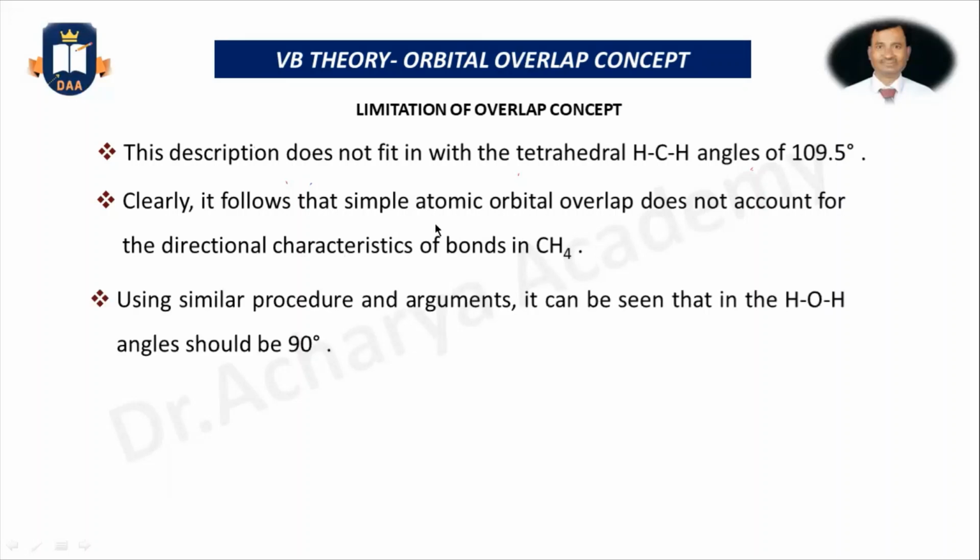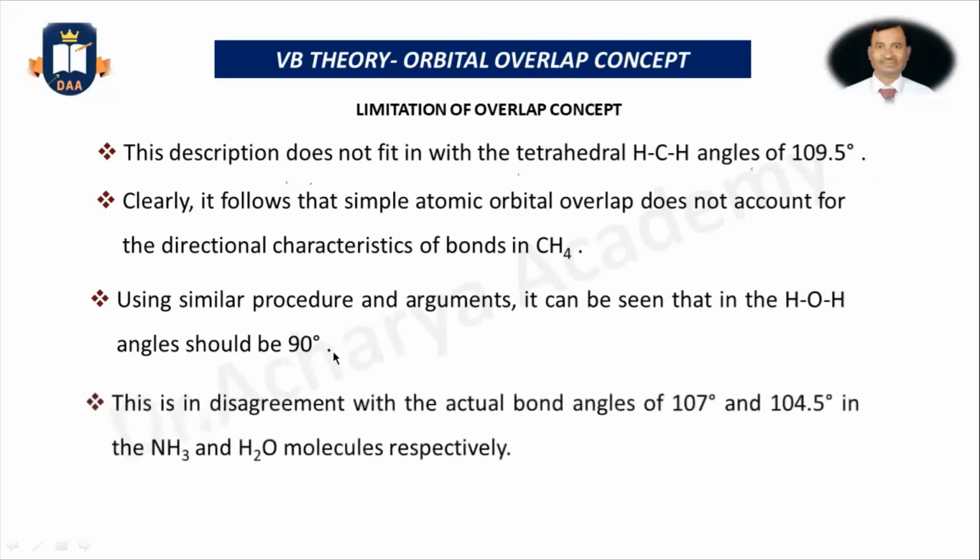Using a similar concept of atomic orbital overlap, it can be seen that for hydrogen, oxygen, hydrogen, the angle in the H2O molecule should be 90 degrees. But this is also in disagreement with the actual bond angles.